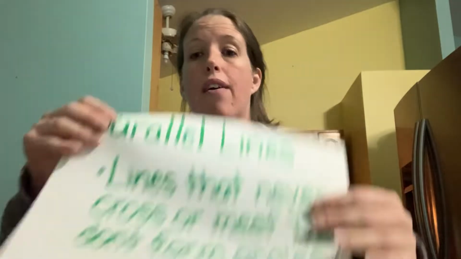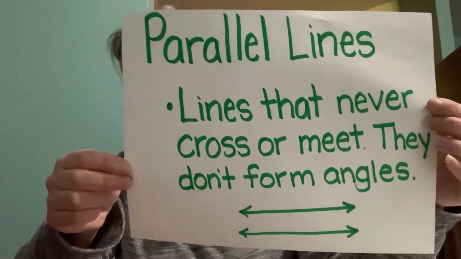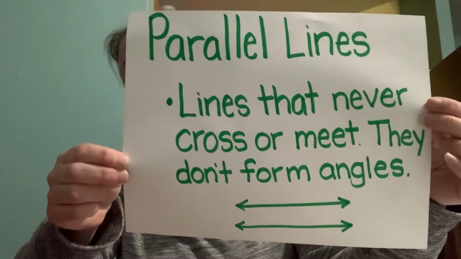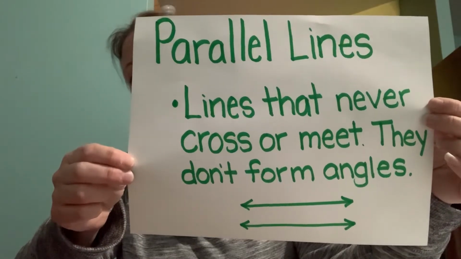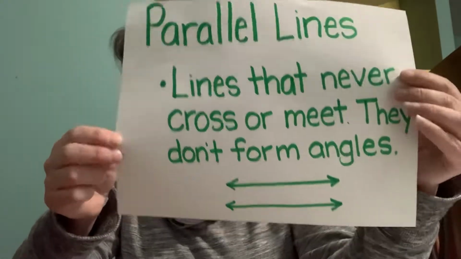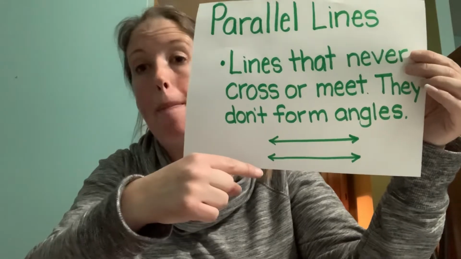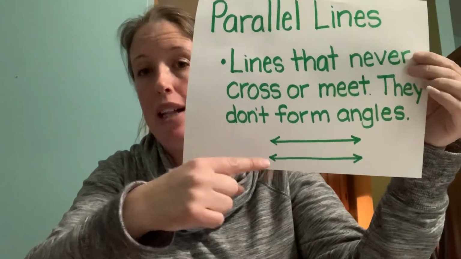The first word that I want to introduce to you describes sides that will never meet or cross, and those are called parallel. So parallel lines are lines that never cross or meet, and they don't form any angles. So here you can see a set or a pair of parallel lines.